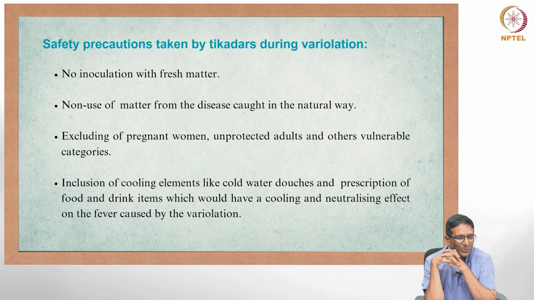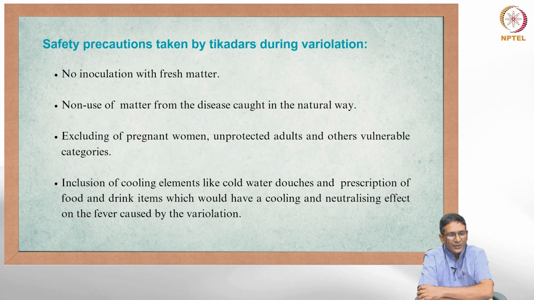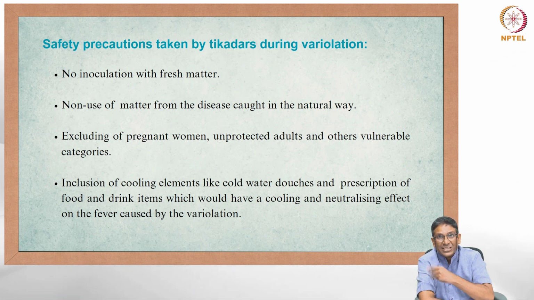So there were these precautions they took, which included the care to avoid fresh matter for inoculations. As I said, it was from the previous year's inoculation they took, and so not matter from the disease caught in the natural way. So again to repeat, the variolous matter was got from the variolation done the previous year.